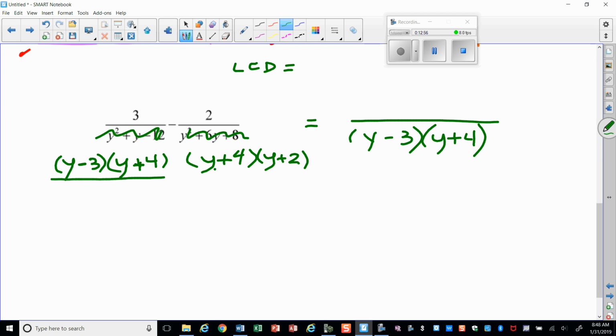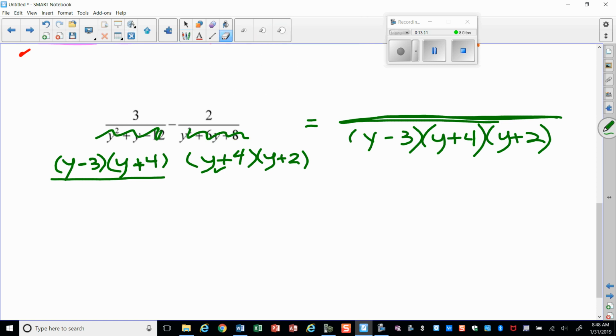These factors. Now I've already got a y plus 4, but I need a y plus 2. Okay, so there is my least common denominator. Go ahead and just save myself some writing and put it right there. So there's my least common denominator. That's what I've got to have.